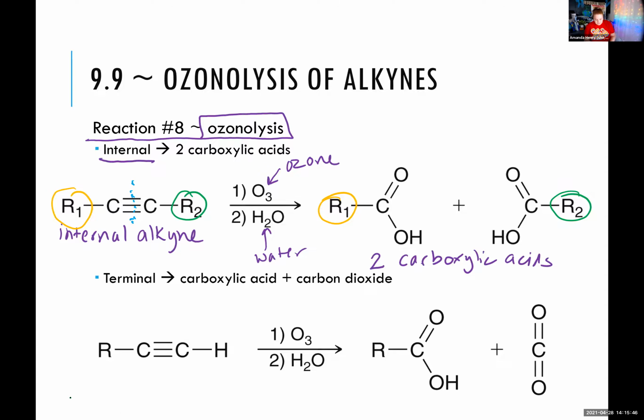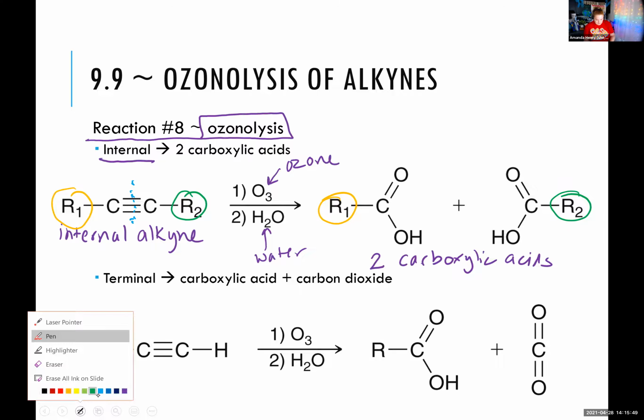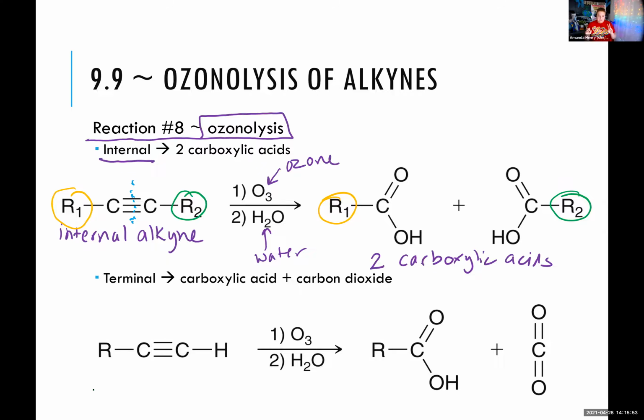When we do this with an internal alkyne, because we're making potentially two different carboxylic acids, if it's asymmetrical, doing this in a lab setting, so doing it in real life, can be really difficult because usually when you're done, you would want to just have one product. So that means that we would have to separate those 2. We've talked about different ways of separating things in lab, but 2 carboxylic acids are going to have very similar polarities.